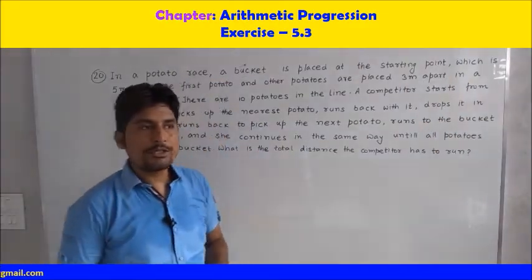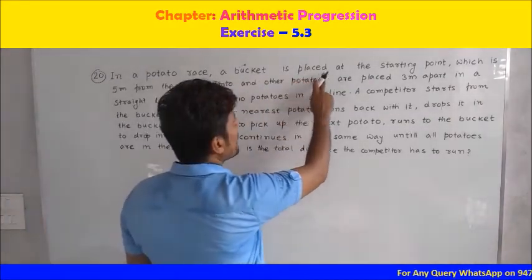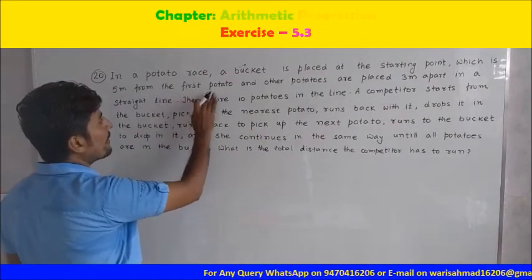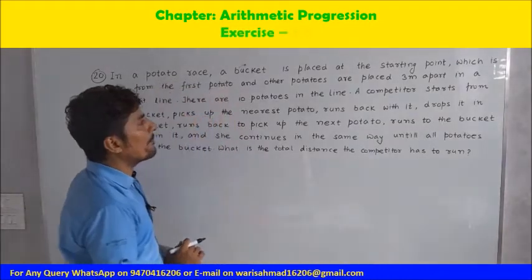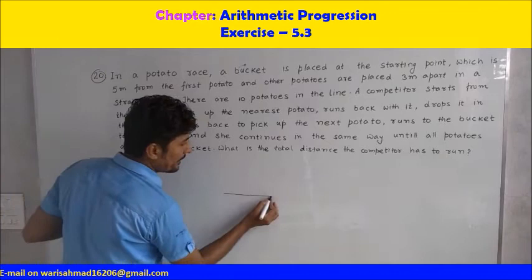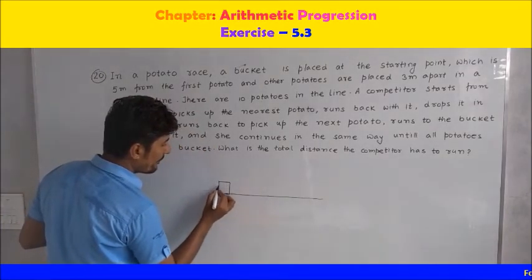Now let us see question number 20. In a potato race, a bucket is placed at the starting point, which is 5 meters from the first potato, and the other potatoes are placed 3 meters apart in a straight line. Suppose we have a straight line, and here one bucket is placed.